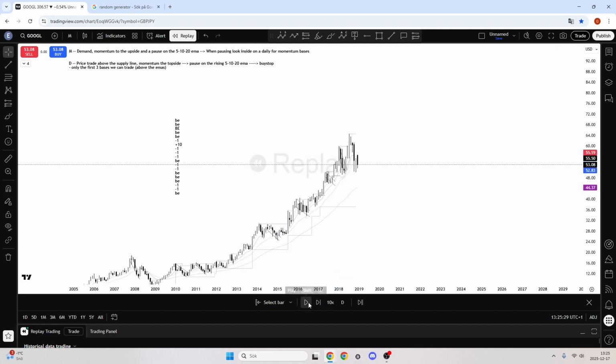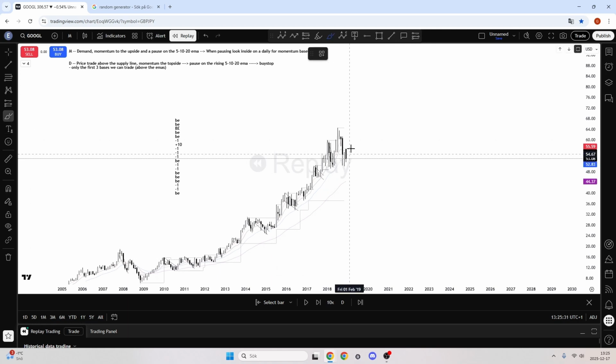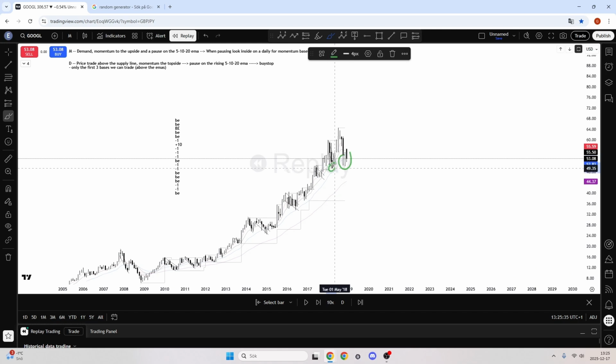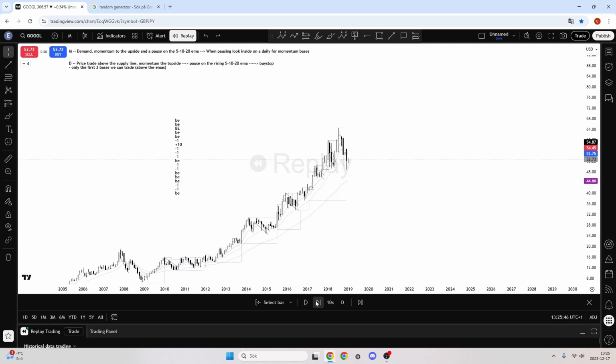I think this market is overextended, so what I would like to see now is a flush to the 50 EMA or below this low right here for a reset, and then a continuation to the upside. So I would simply just wait for that. I will not trade if this sets up anything.